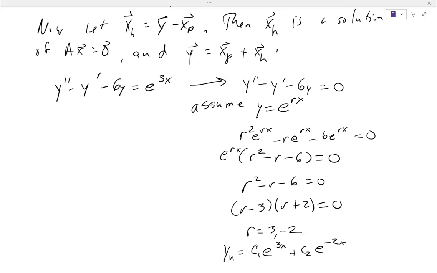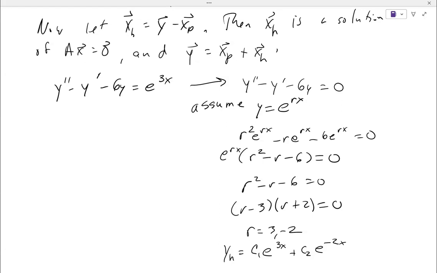Now, there's a little bit more theory in there that I'm not going through because I'll save it for a differential equations class. Since it's a second order equation, I know that there's 2 linearly independent solutions that work. And these are not constant multiples of each other. So they're linearly independent, so I know every solution has to look like that. Like I said, there's a little bit more theory that's not involved in this class.